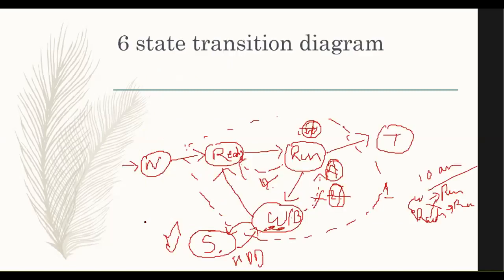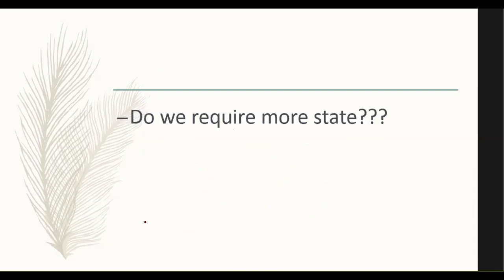Now further, once again the question arises: do we require more states? Search for that, think about that. We had started with the two-state model, running and not running, then moved into the five-state model where we divided not running into multiple states, which becomes new. A process gets created, send it to the ready state.